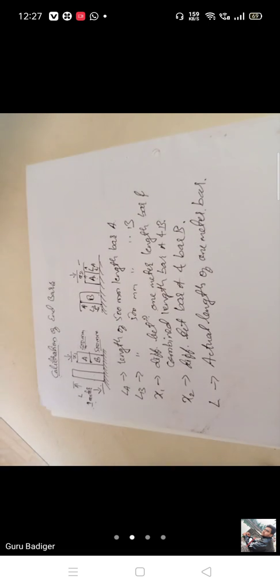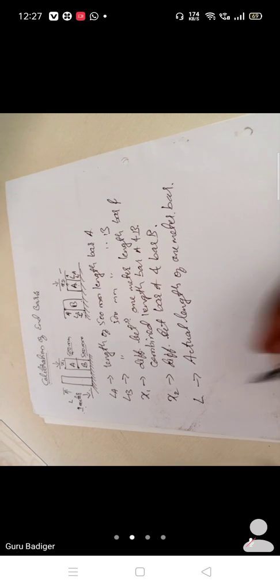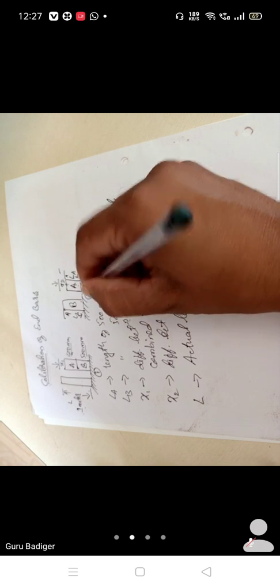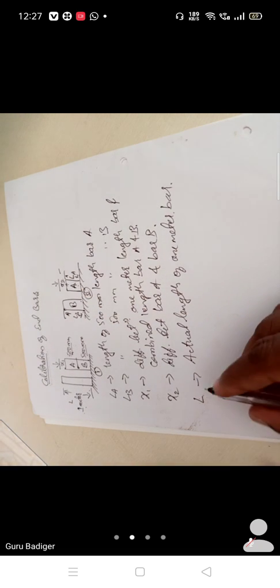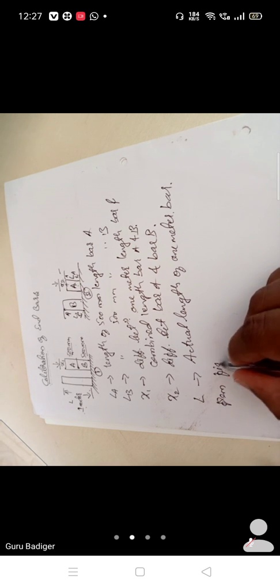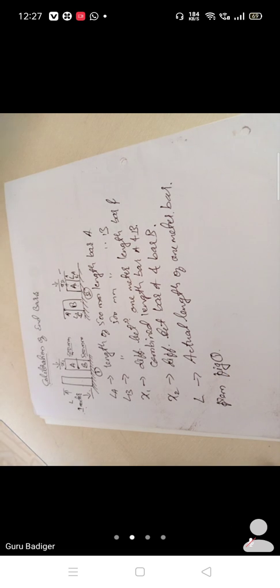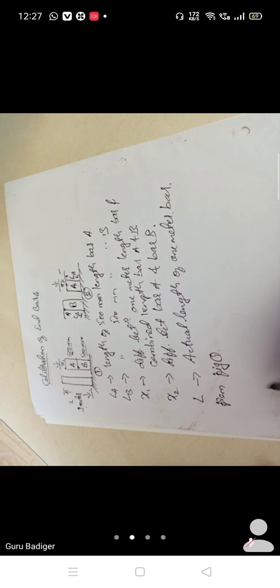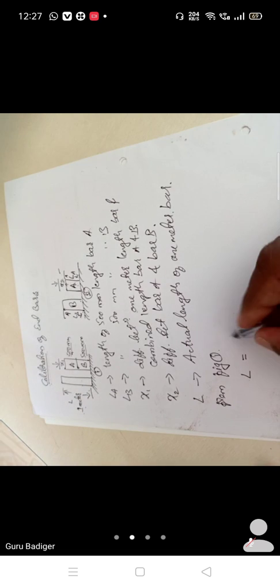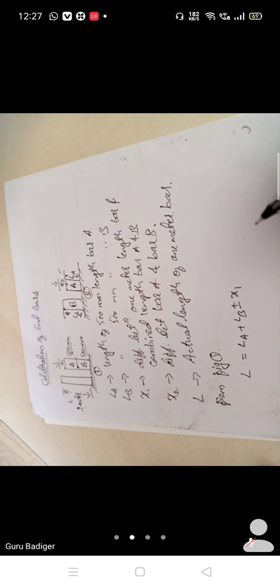Now, take this one as figure 1, this one as figure 2. From figure 1 we can write the equation, right? This is L equal to LA plus LB plus or minus x1.